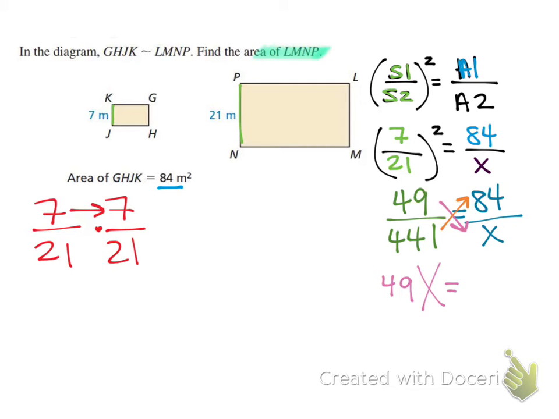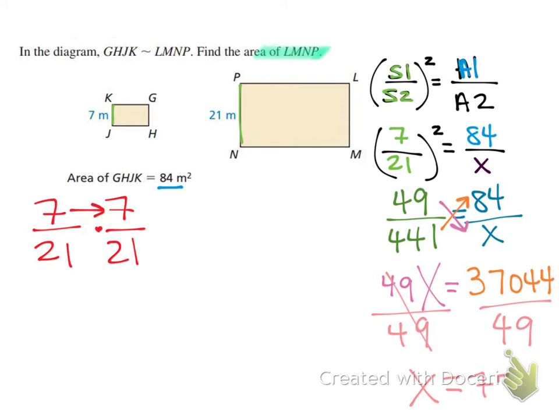What is 441 times 84? 37,044. So 37,044. Divide by 49. What is the area of the second shape? 756 meters squared.